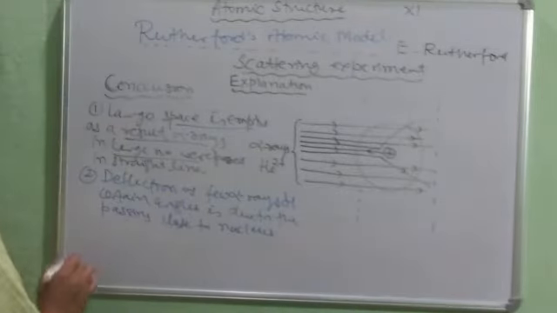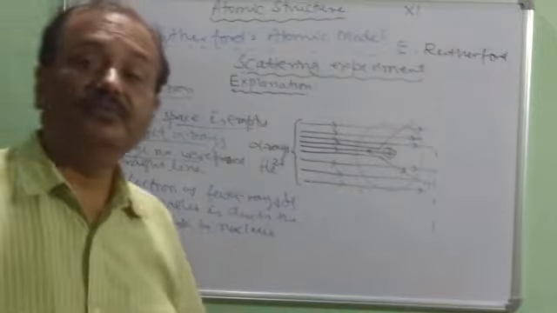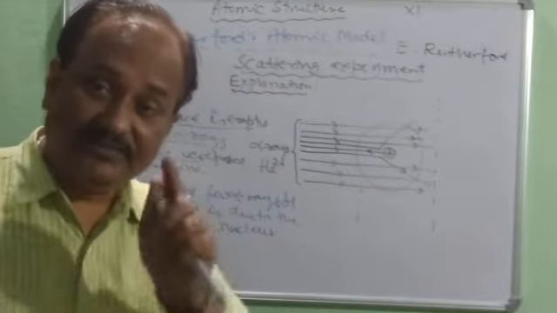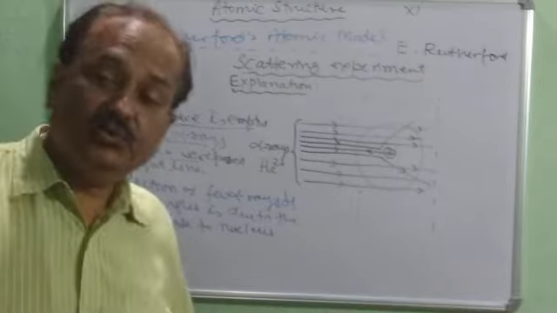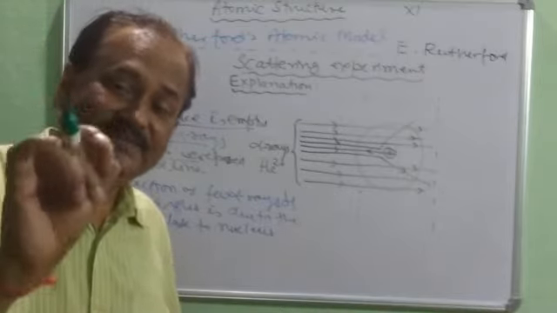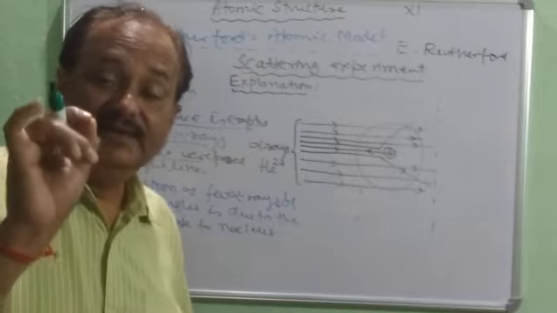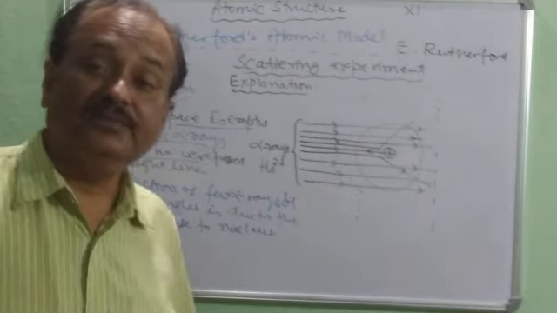Now the third point, the bouncing back of 1 in 20,000, because the alpha ray which was going straight to the nucleus was bounced back, because the nucleus is massive and the mass of an atom is due to the presence of the nucleus.